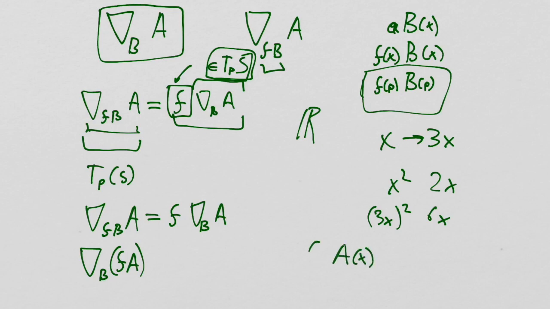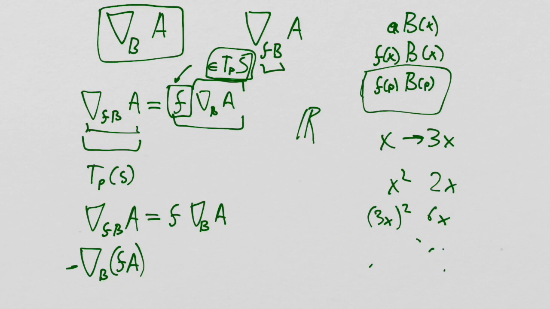A is a function of X. F is a function of X. So this whole thing is some new vector field, which is a function of X. I guess I have to track the vectors if I'm going to use X redundantly, or I could make this a small scripty X or something. So what about this? Well, we want that to behave the way you would have the product rule behave. It's got to behave with the Leibnizian rule.